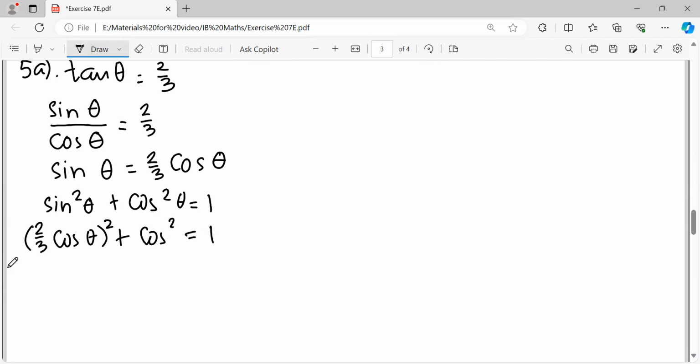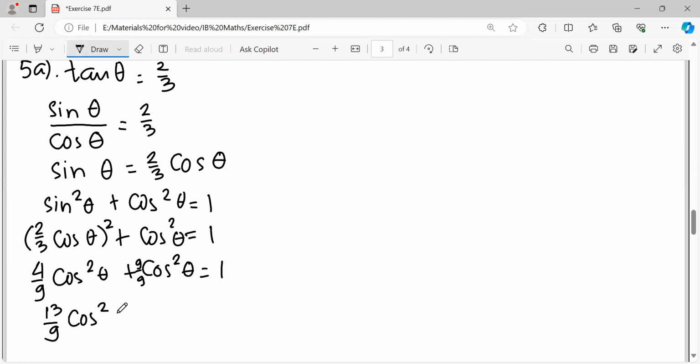It's going to be 4/9 cosine squared theta plus 9/9 cosine squared theta. So 4 plus 9 equals 13 over 9 cosine squared theta equals 1.